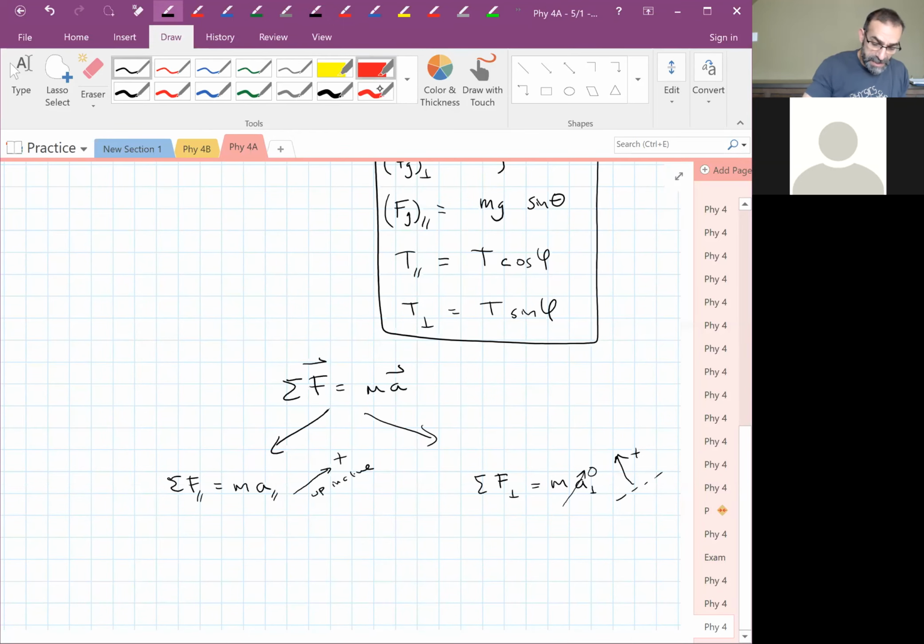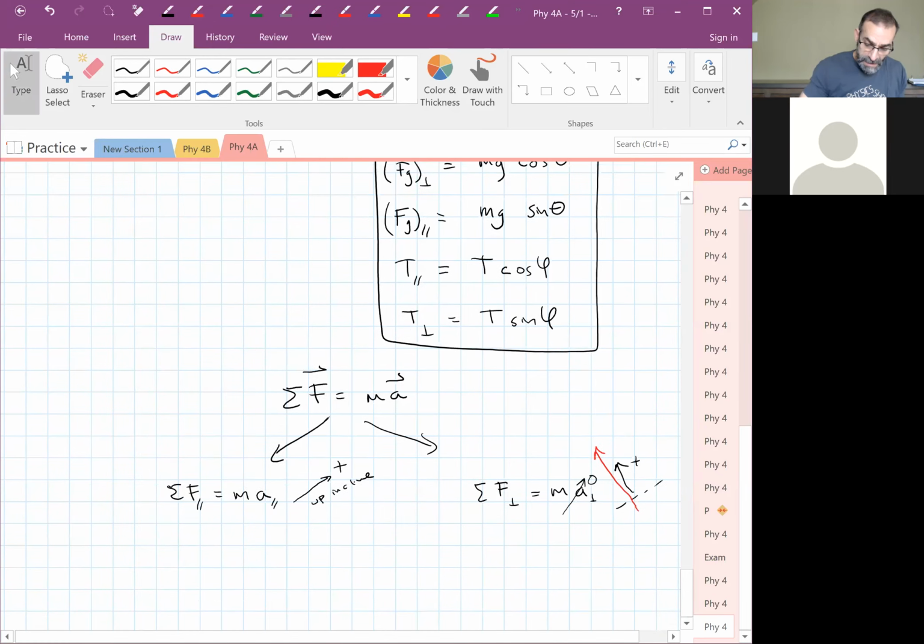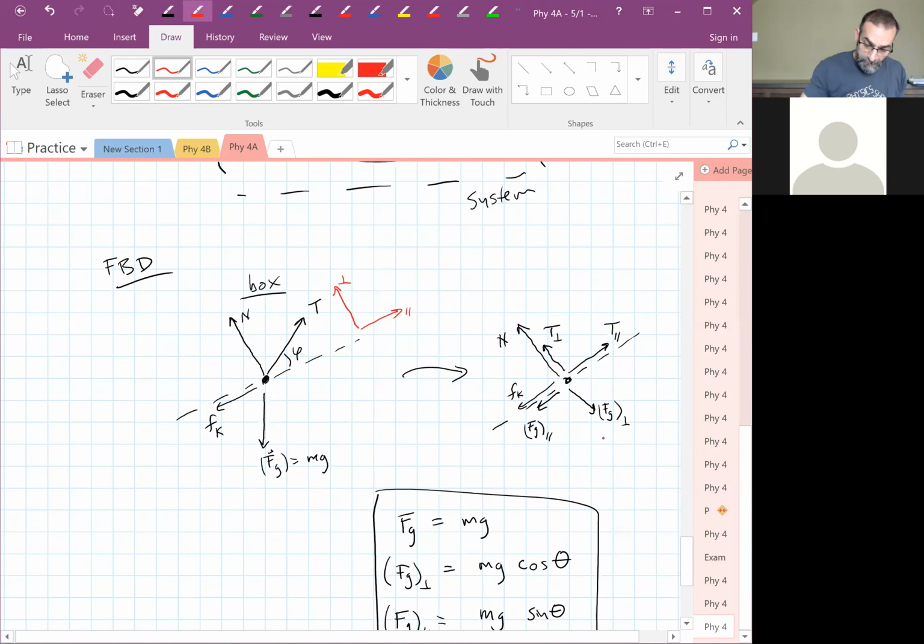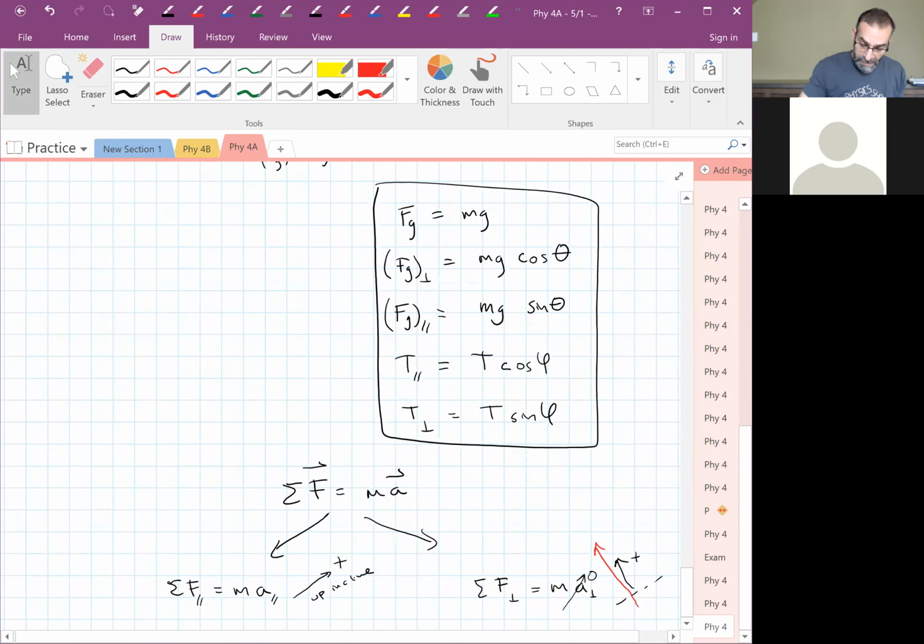So this direction, let's use red. So I have 3 forces in that direction. A normal force and T perpendicular that are in my positive direction, right?